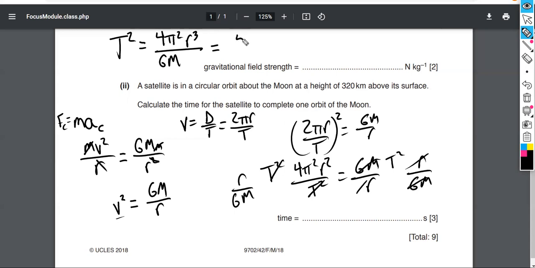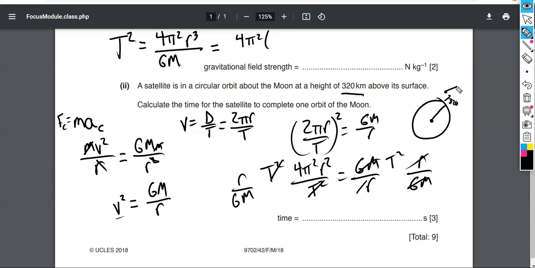Substituting in values, we've got 4 times pi squared times the radius. Now the radius does require a calculation. We need to consider that the satellite is separated from the center of the moon by its entire radius plus the 320 kilometers above the surface.